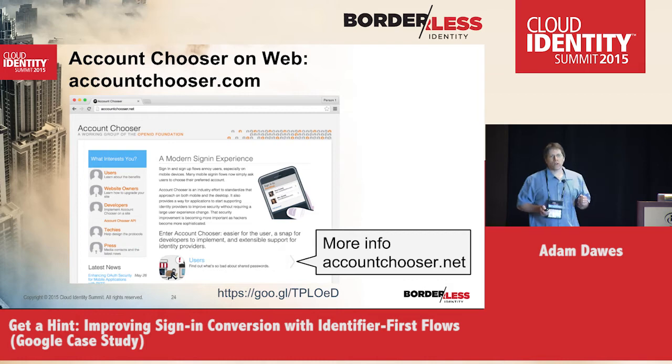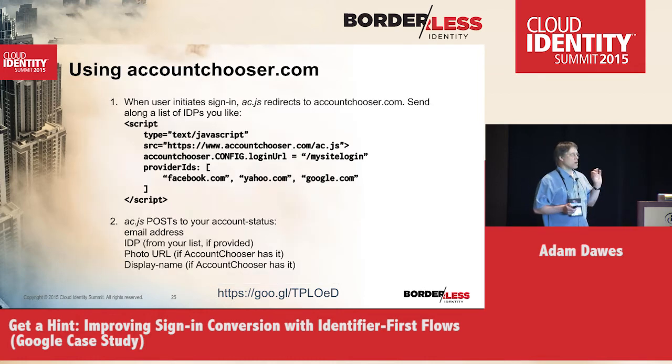So if you want to get more info, you can go to accountchooser.net to learn how to integrate that in. But the quick summary for how to integrate with AccountChooser.com is simply you include a JavaScript little applet inside your HTML.